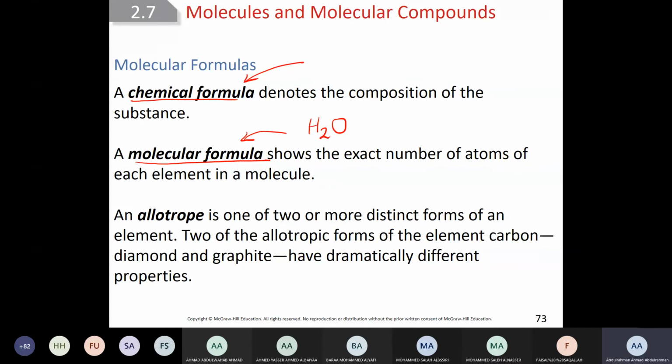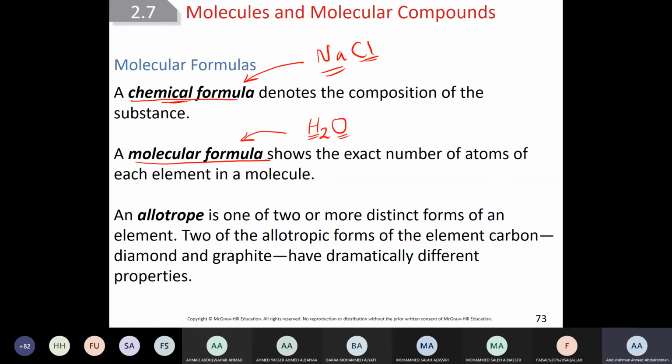So we say the chemical formula for NaCl, what's this compound? Sodium chloride. It consists of metals with nonmetals. We usually use the word chemical formula for it. But this is nonmetal with nonmetal, and that's why usually we use molecular formula for it. Is this clear?